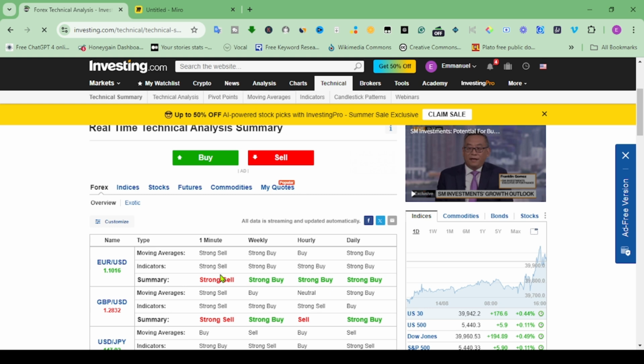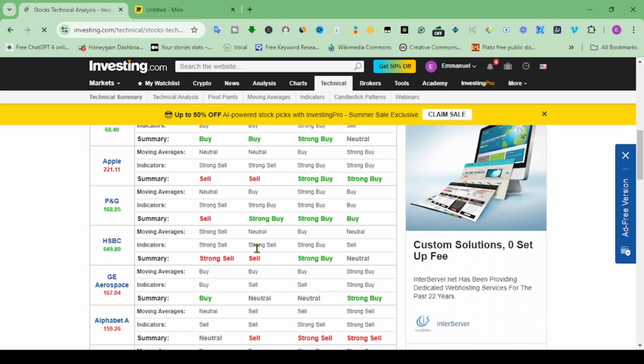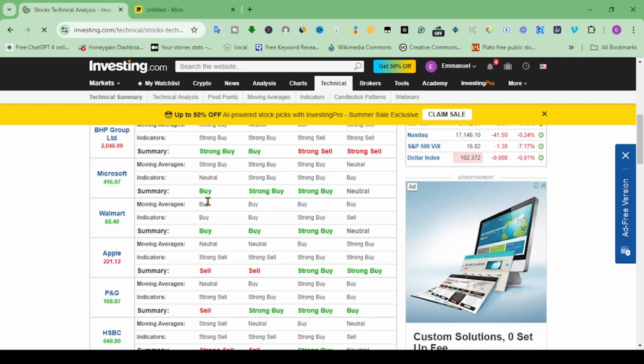We have various stocks here. You can see Exxon Mobil, BHP Group, Microsoft, Apple, they are here. This one is telling us two strong buy, one buy and one neutral. So what we are looking for is a complete strong buy.